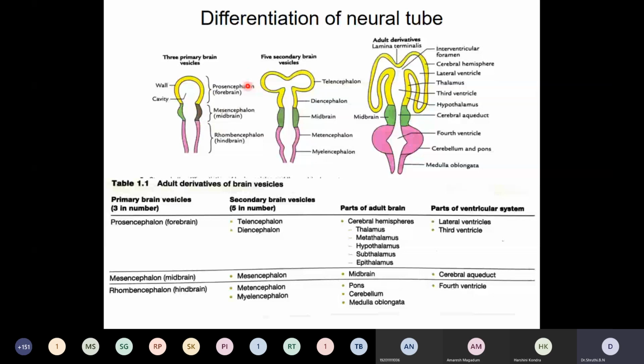So the prosencephalon gets differentiated into the telencephalon, which later forms the cerebral hemisphere. Okay, then the caudal part of the prosencephalon forms the diencephalon, which gives rise to all these structures. Note down: thalamus, metathalamus, hypothalamus, subthalamus, and epithalamus.